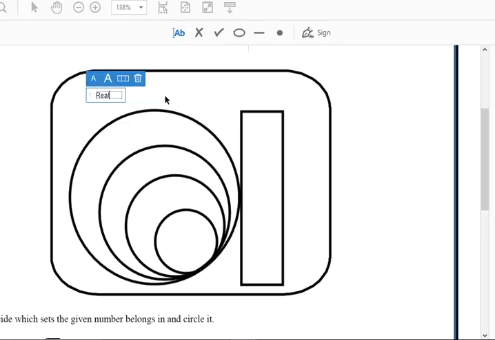We would have real, rational, integer, whole, natural, and then on this side we would have our irrational.